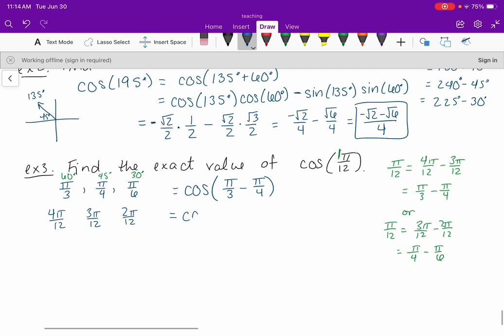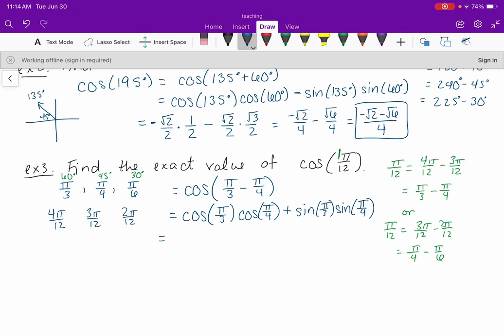I'll use my identity, so I get cosine pi over 3 times cosine pi over 4 plus sine pi over 3 sine pi over 4.